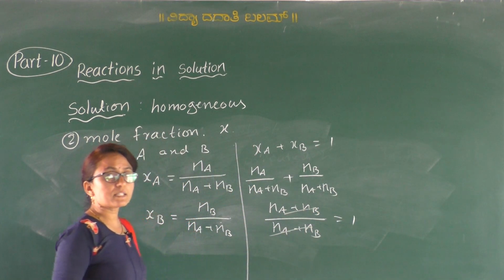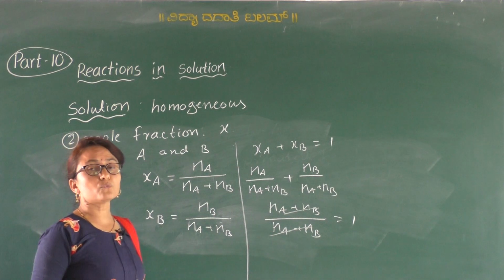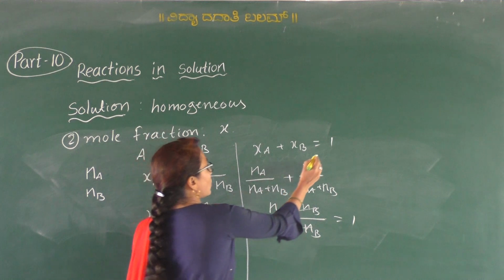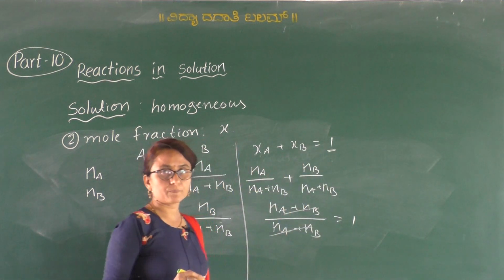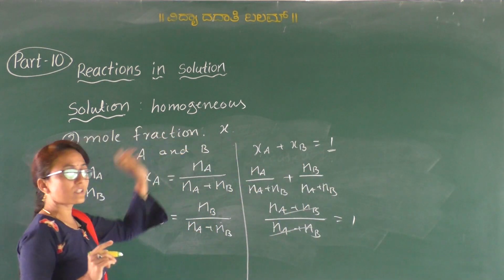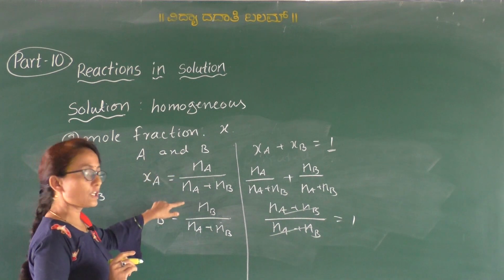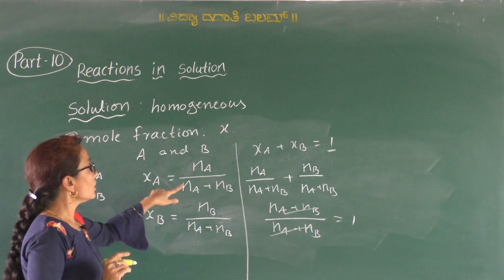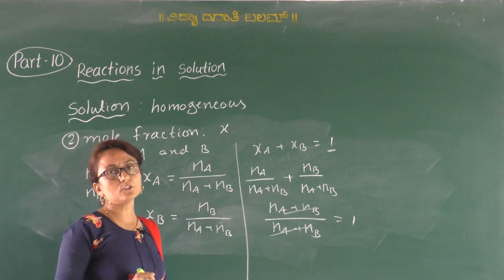So therefore always remember the sum of the mole fraction of all the components in the mixture is always equal to unity. Thus mole fraction is defined as the ratio of the number of moles of that component to the total number of moles.